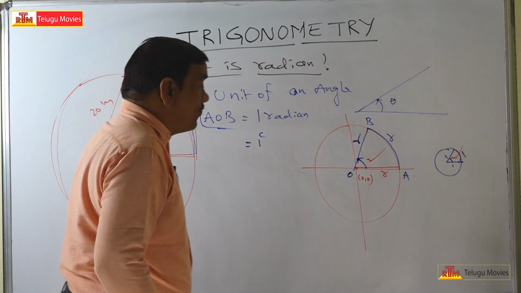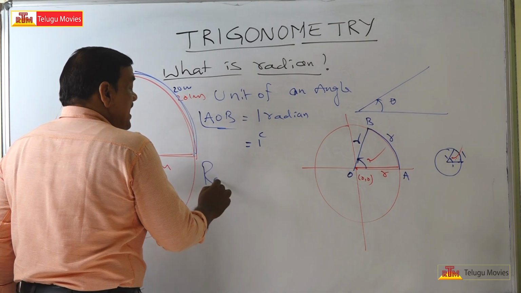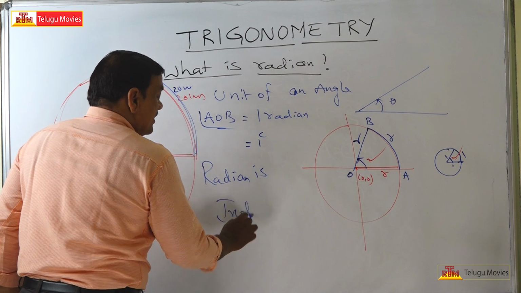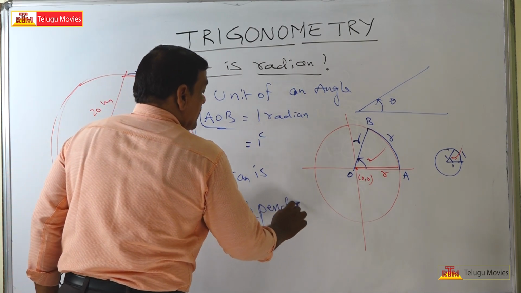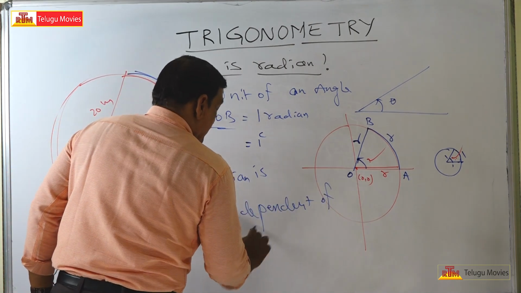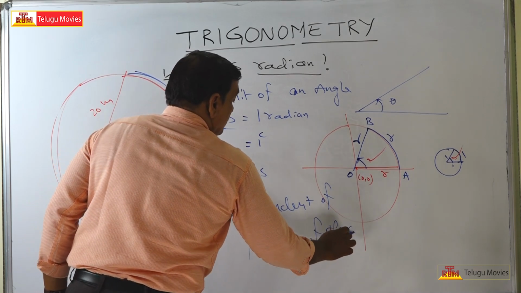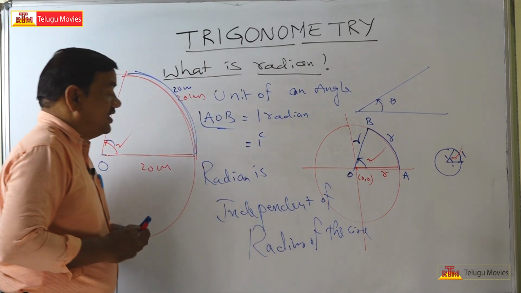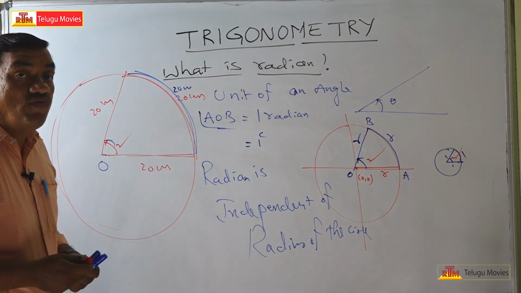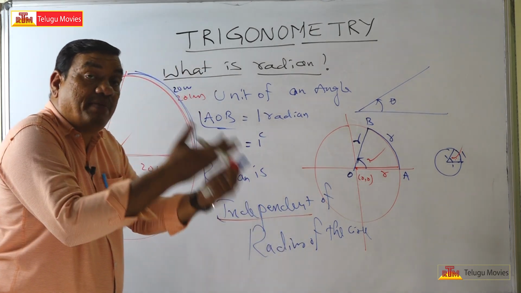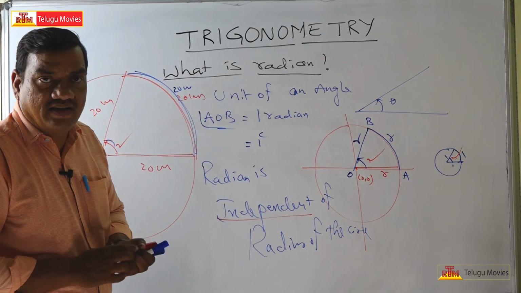Understand? So from this what we can say, radian is independent of the radius of the circle. This is the first thing you have to learn. Independent means it does not depend upon the radius of the circle.